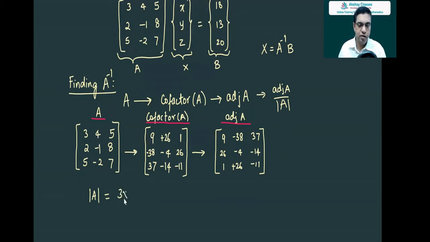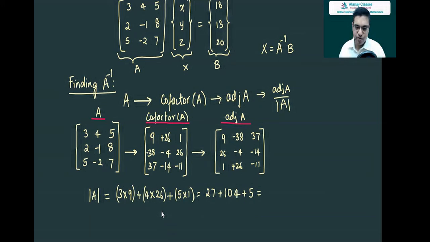So you get 3 into 9 plus 4 into 26 plus 5 into 1. So you have 27 plus 104 plus 5.